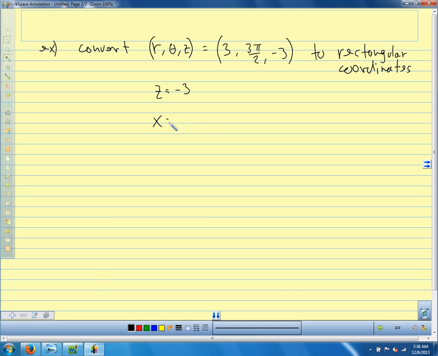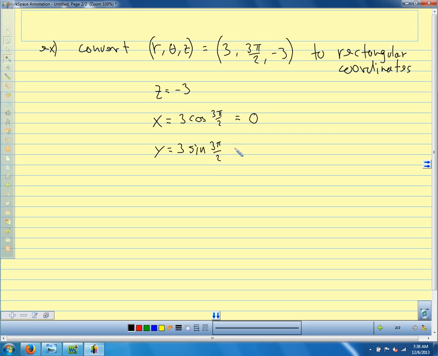X equals 3 cosine 3 pi over 2 equals 0. Cosine of 3 pi over 2 is 0. And y equals 3 sine 3 pi over 2.